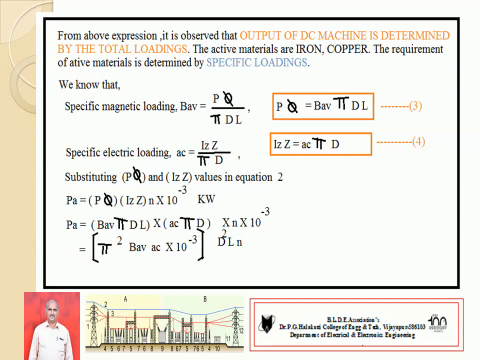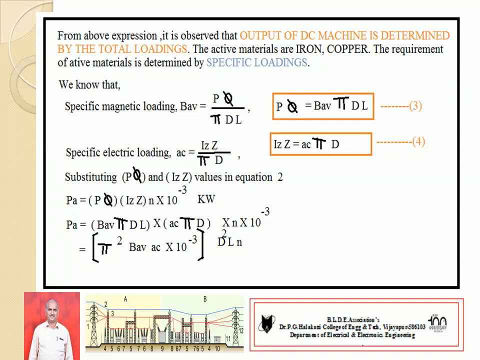From the above equation, the relation to the main dimensions, that is the active materials required, of iron and of copper, is not clearly available. Hence, to obtain the relation between output and active materials required, we have to take specific loadings.